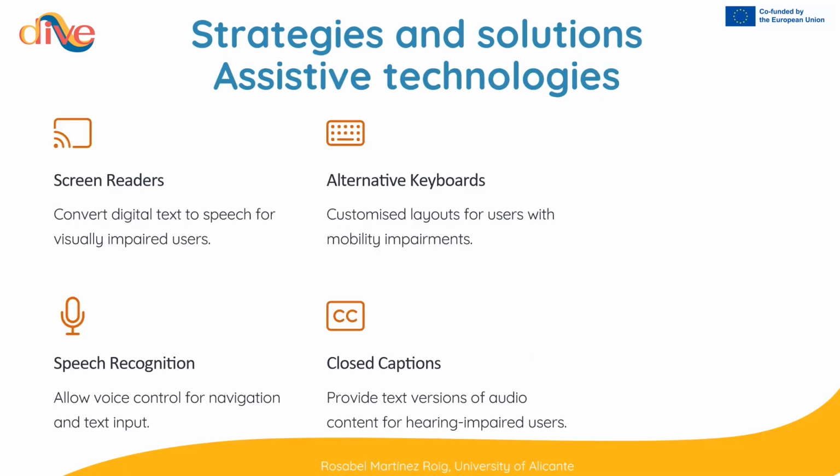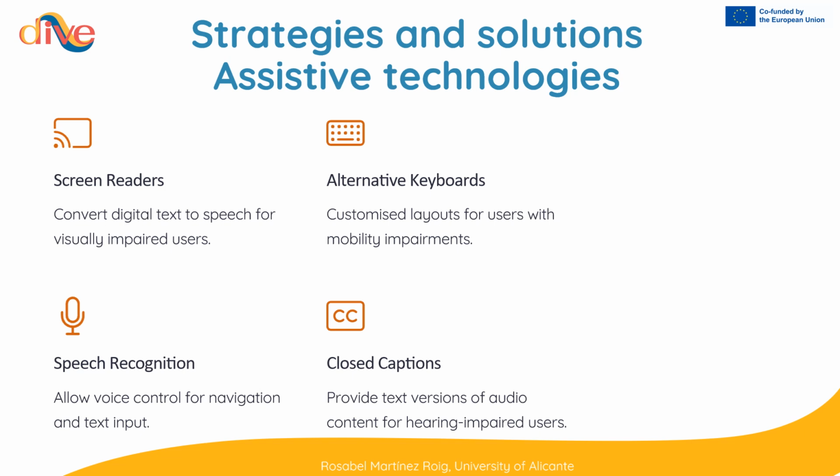The second aspect of these strategies and solutions would be using assistive technologies. The first one would be screen readers, devices that convert digital text to speech for visually impaired users. Then alternative keyboards, customized layouts for users with mobility impairments.